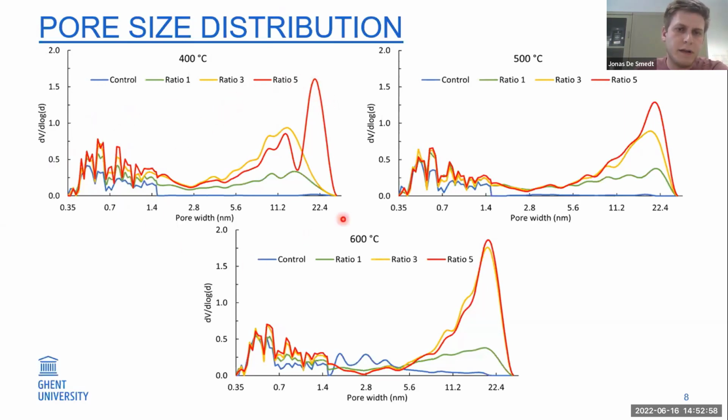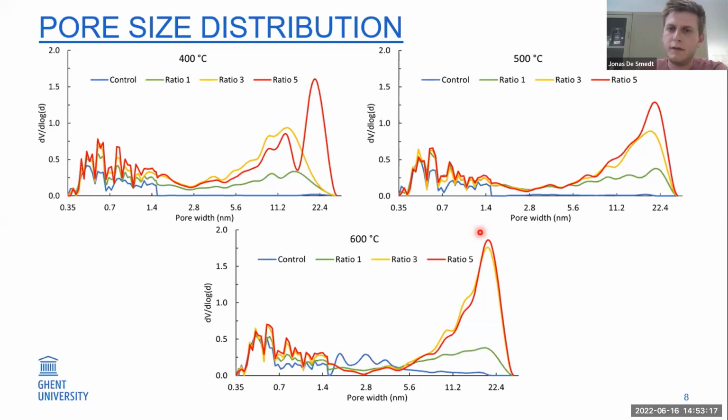And the same also applies for our mesoporous area. So we notice that we have a steep increase in the larger micropores as well as in the larger mesopores. And this is actually consistent for each applied temperature, so also for 500 and 600 degrees.